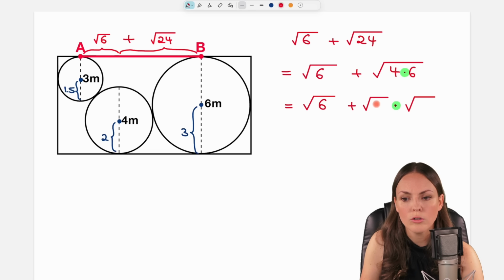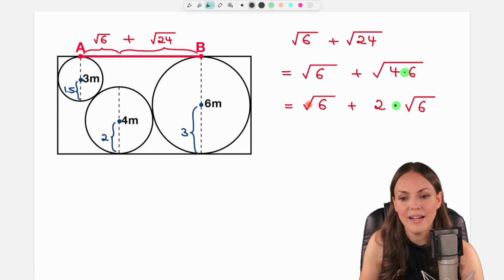I have the 4 in my first square root and the 6 in my second. And the square root of 4 is something we can calculate because the 4 is a square number, so the square root of 4 is equal to 2. So I'm going to erase this and write down a 2.